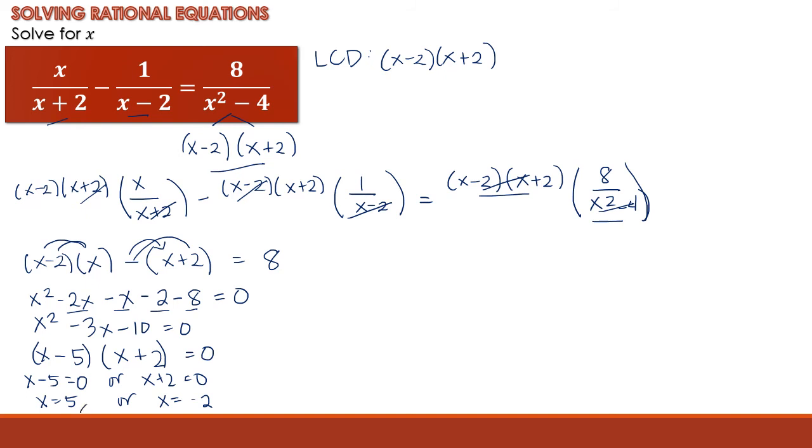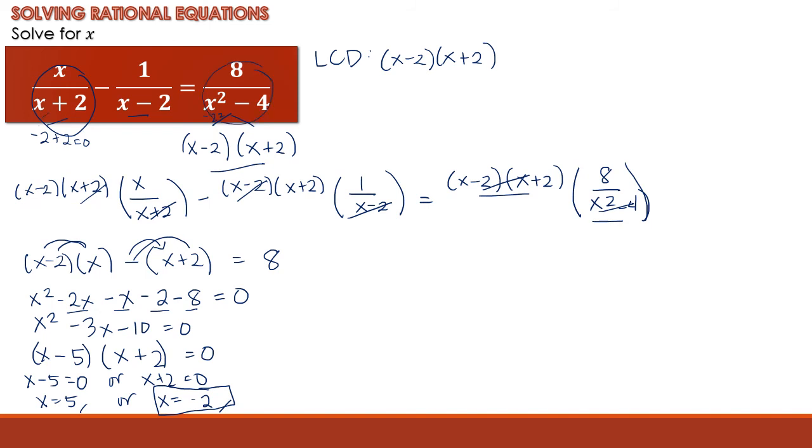Now, note that kapag si negative 2 ang ginamit natin, magkakaroon tayo ng zerong denominator. Kanino? Dito. Negative 2 plus 2 is 0. So, magiging undefined ito. Dito rin, negative 2 squared is 4, minus 4, 0. So, magiging undefined din ito. How about 5?